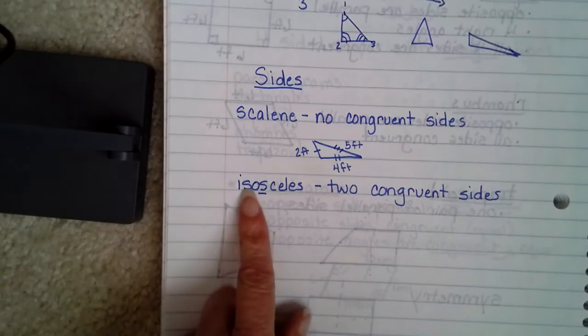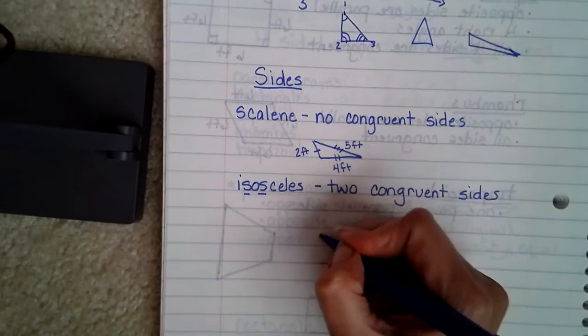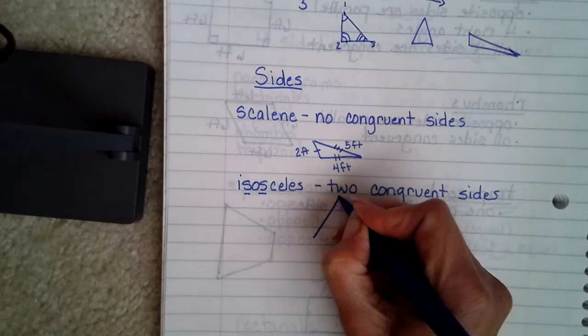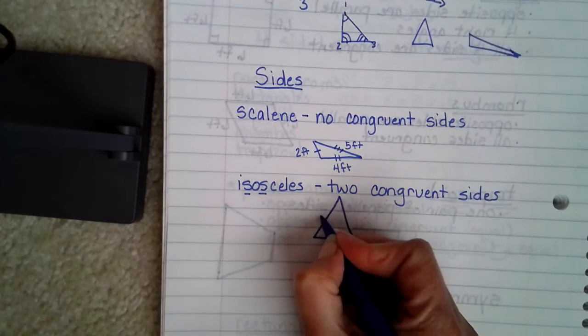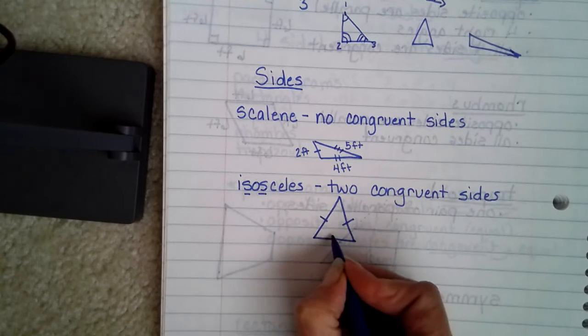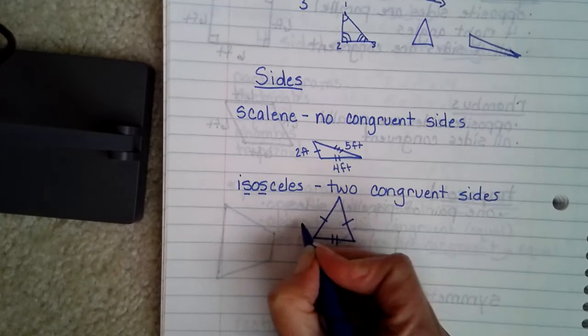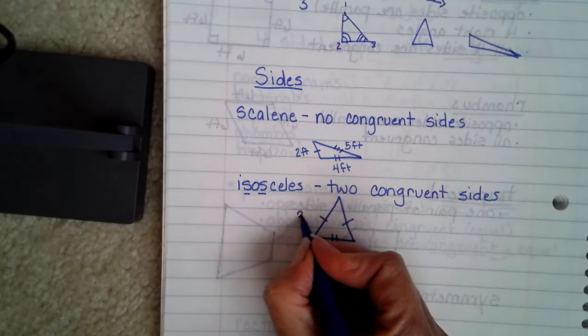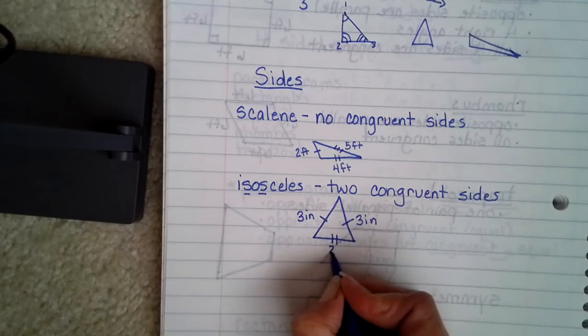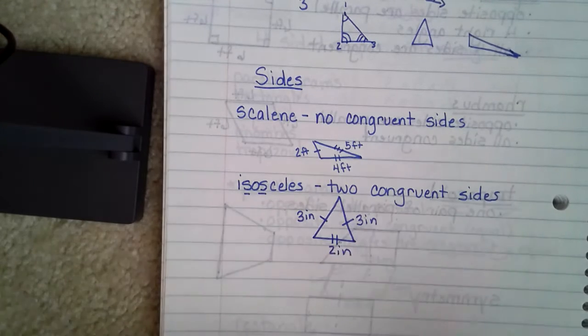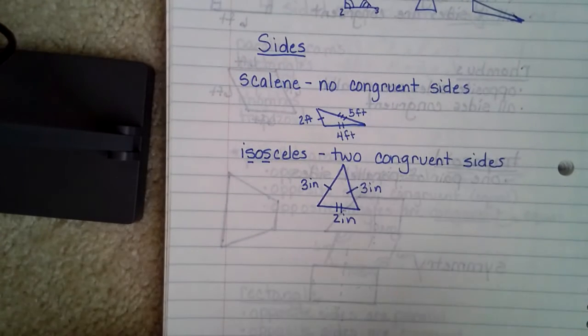And so I think of two sides being the same. Oftentimes, this kind of triangle is going to look something like this. This side and this side are exactly the same, and this one's different. So this one might be 3 inches, 3 inches, and 2 inches. And that would be an isosceles triangle.